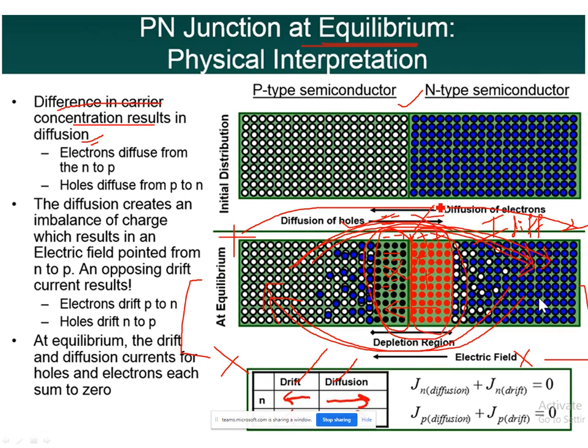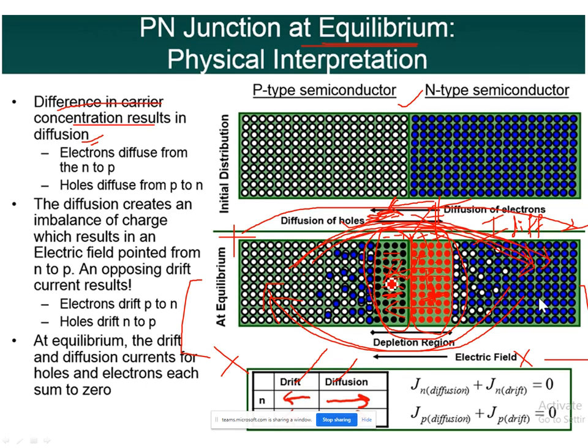We are having positive at this side and negative at this side, right? So the current will flow in this direction due to electric field, from positive to negative again. So this current is opposite to this current, right?